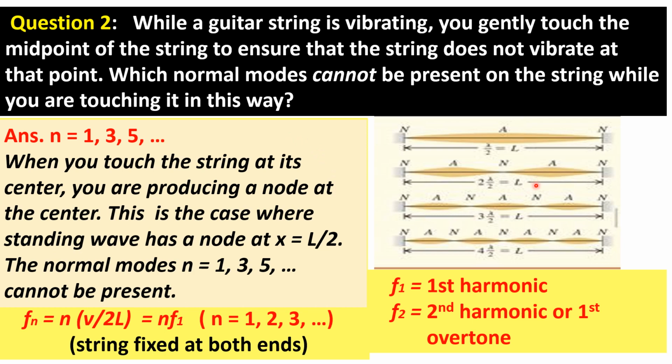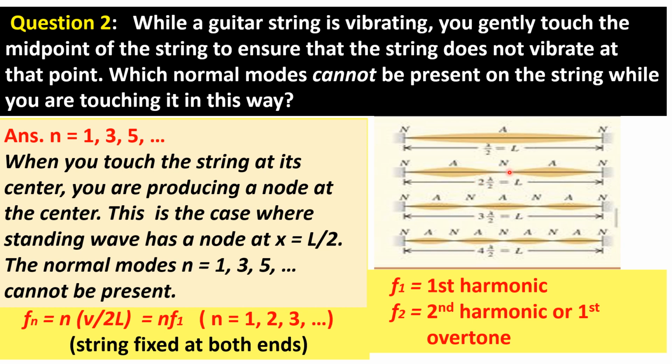Why is that so? All right. When you touch the string at its center, you are actually producing a node at the center, right? Like what you do in the second pattern. So when the antinode is at the very center, that corresponds to a length of the string being equal to lambda, or 2 half lambda.